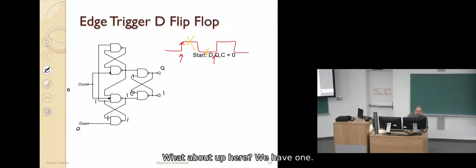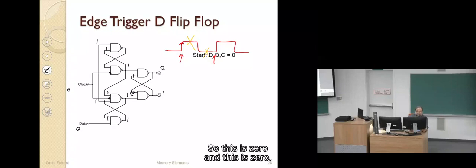So what about up? Here we have 1, so this is also 1. And we have 0 here, so this is 1. This is 1 also, which is not important. But this is 1, so this is 0. And this is 0. Okay, everything is written.